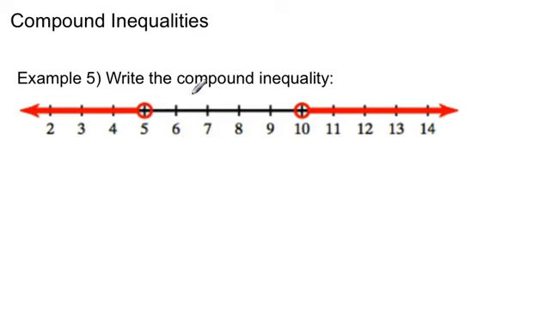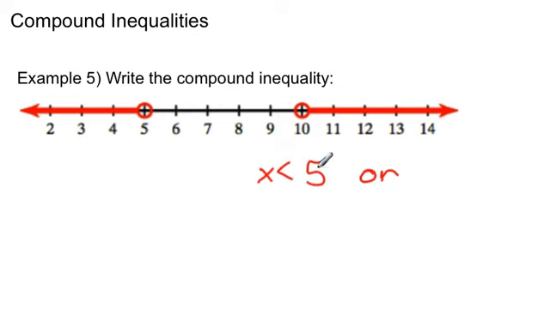Looking at this, we know this is an OR statement because we're talking about everything except the numbers between 5 and 10. And so I'm going to write over here that this is totally going to be an OR statement, and then I'm going to fill in what I know over here. So I know that x has to be, in this case, less than 5.